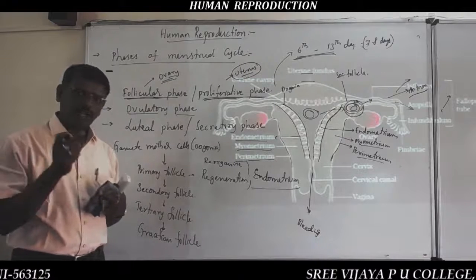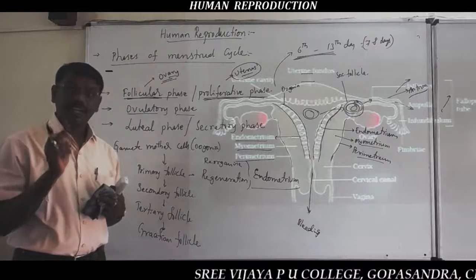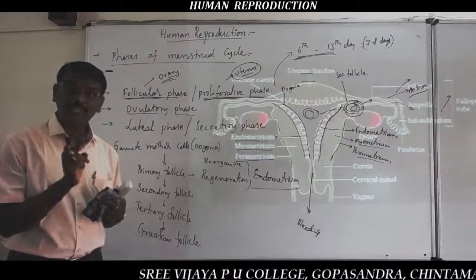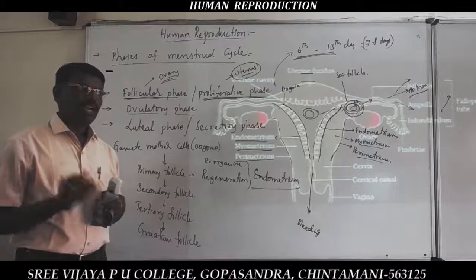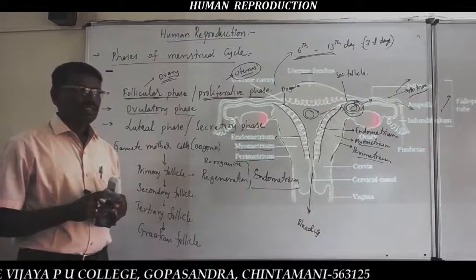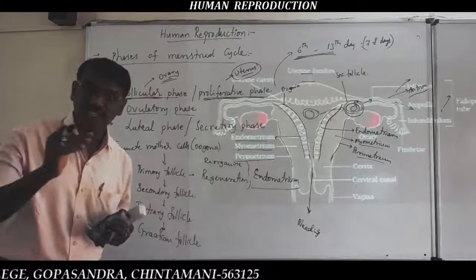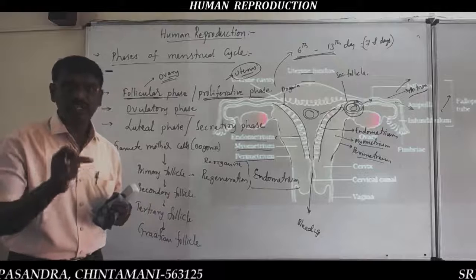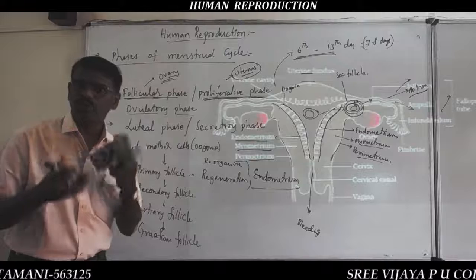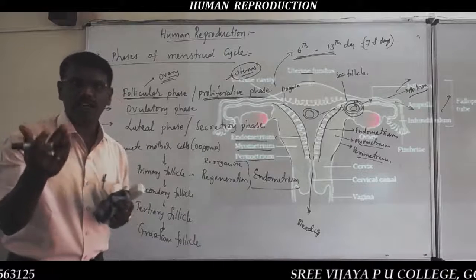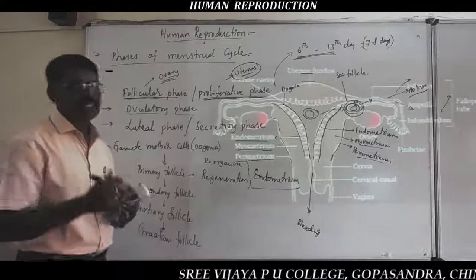The LH hormone and FSH hormone are released from the pituitary gland. The concentration of these gonadotropins is increased, as well as the amount of estrogen or female sex hormones, because the granulosa layers of the primary follicle and the number of granulosa layers in the secondary follicle secrete more estrogen hormone, and that hormone concentration increases day by day.